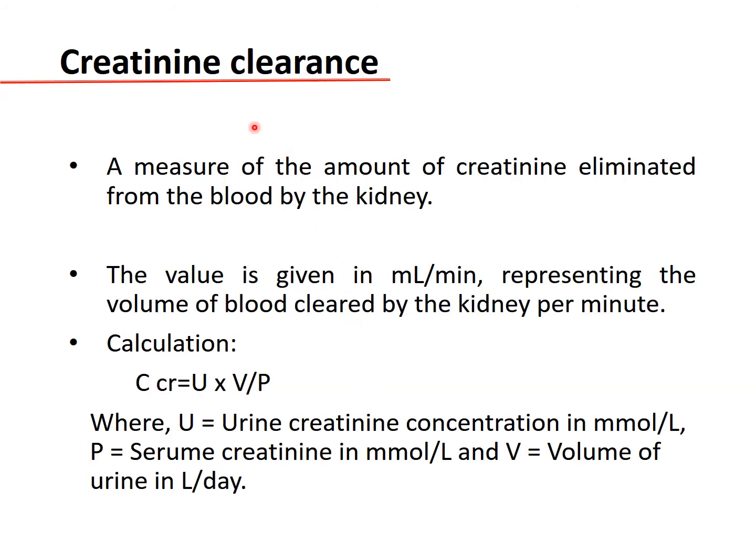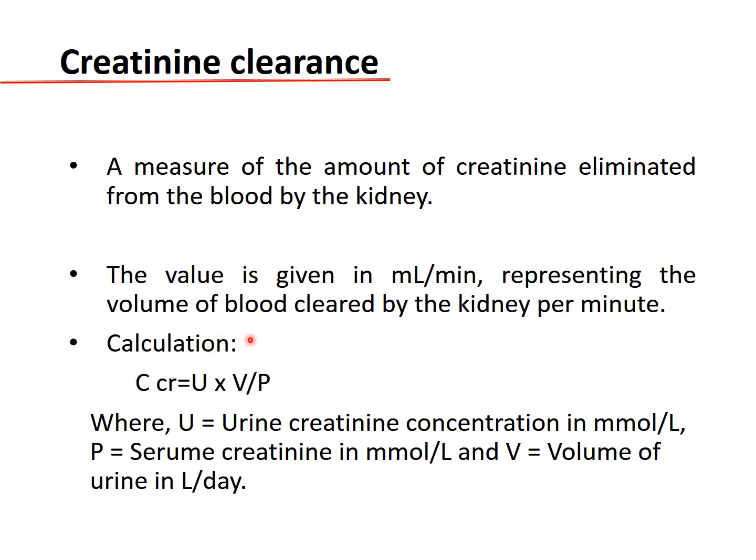The creatinine clearance. The best way, or the cheapest way, to estimate the GFR is to determine the creatinine clearance. Now, what they do is measure the serum and the urine creatinine, and they calculate relatively how much blood is filtered per minute, because the creatinine is filtered, not reabsorbed, but know that about 10% is secreted.